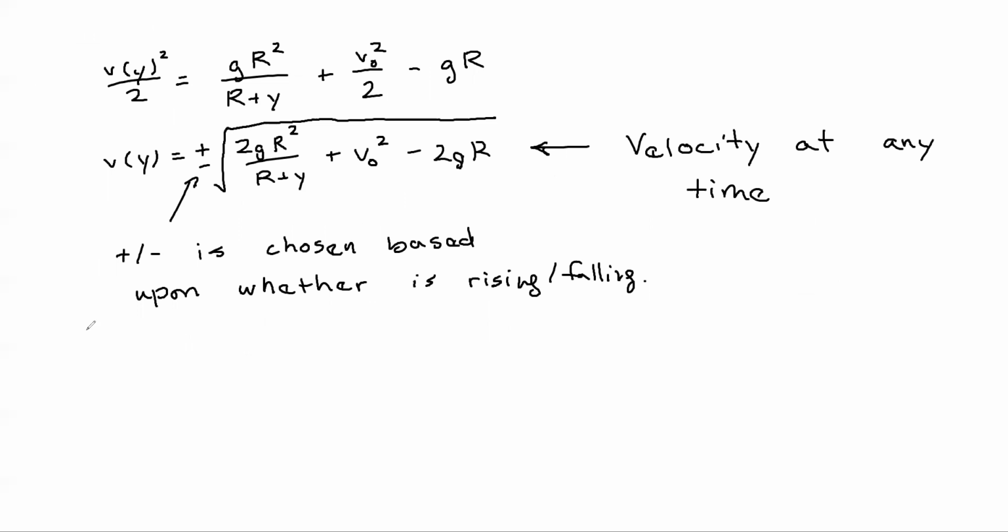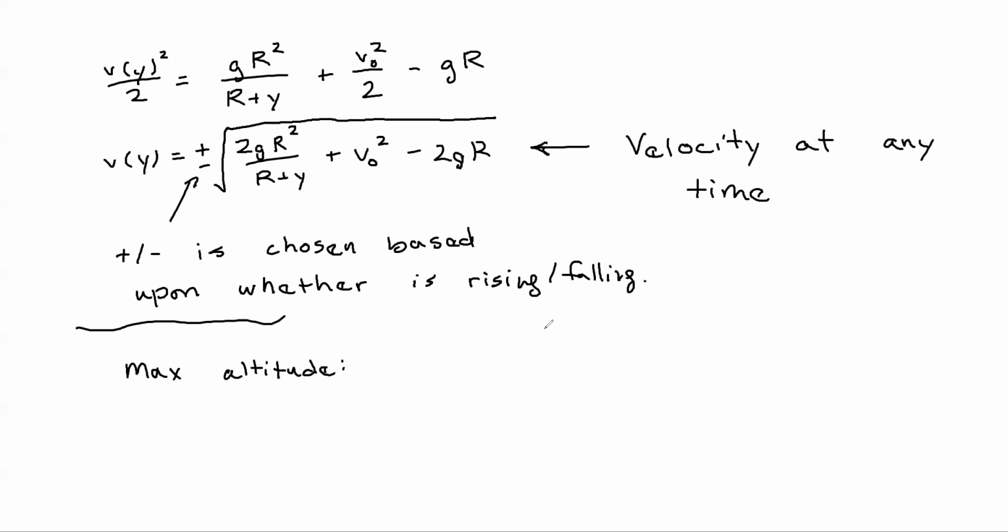Well, what we're going to do is use the fact of what the max altitude would be. The max altitude is going to be when you run out of velocity. Your velocity is petering out as you're rising higher and higher above the surface of the Earth, fighting that gravity.